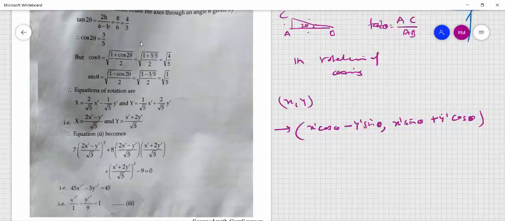Note that cos 2 theta equal to AB upon AC, so the ratio is 3 by 5, because this is 4, 3 and 5. So once we obtain cos 2 theta, from this we obtain cos theta and sin theta by this trigonometric result. We know that trigonometry.